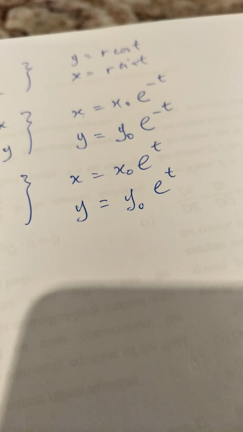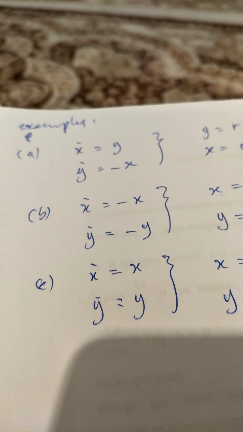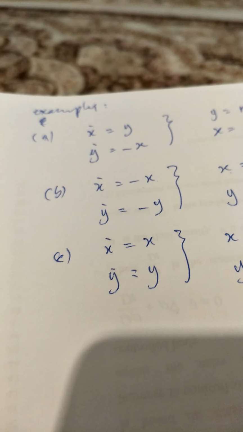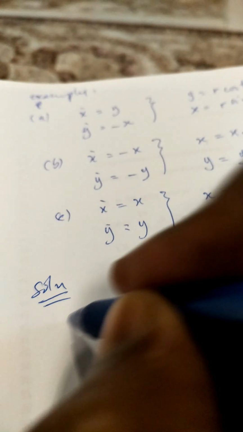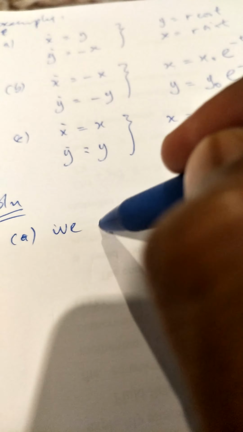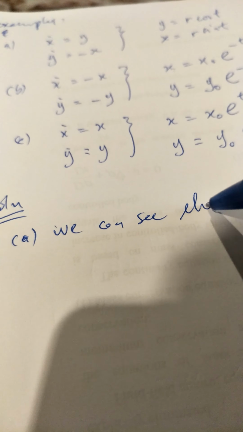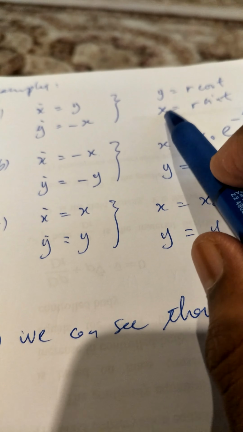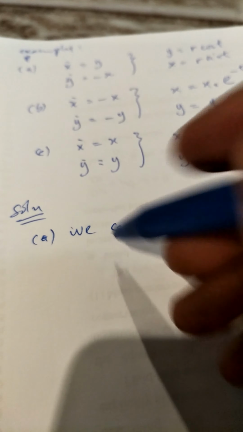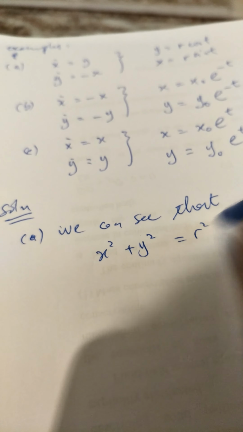Now, for the first example here, we can see that the solution for part A, if I square both x and y and add them together, what we have is x squared plus y squared is equal to r squared.